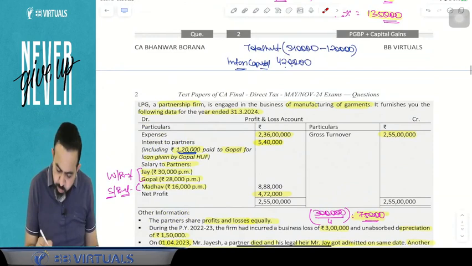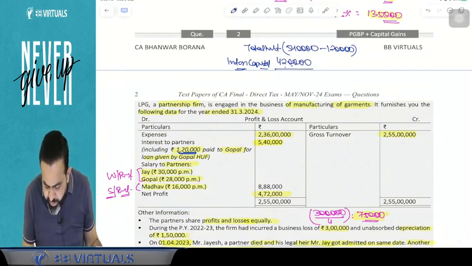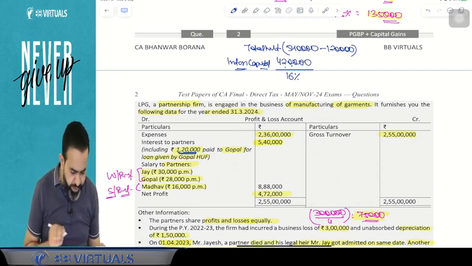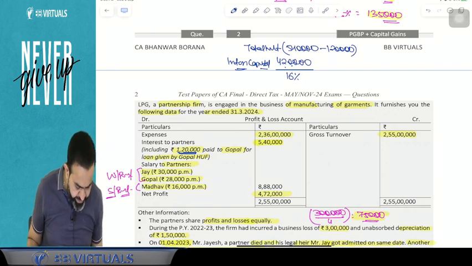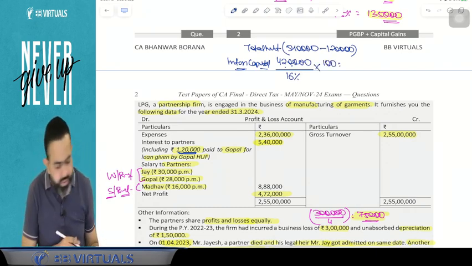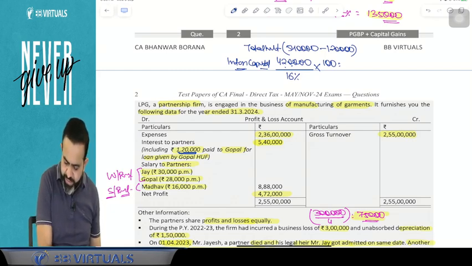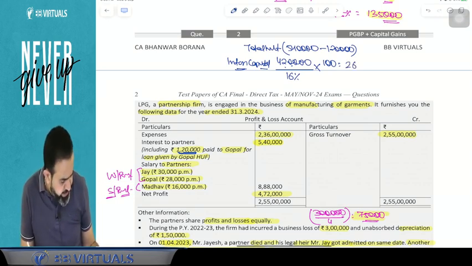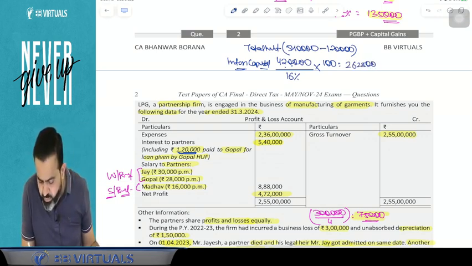Can I say that this 4,20,000 is basically 16% interest? So divide by 16%, multiply by 100%. 4,20,000 divided by 16%, multiplied by 100, comes to 26,25,000.